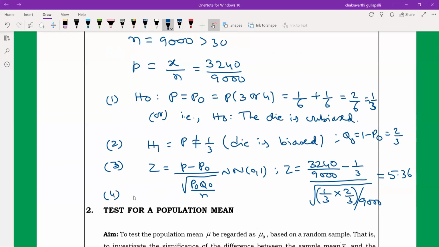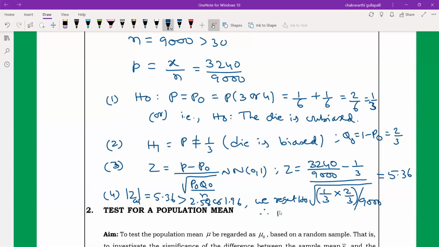So step number 4, modulus. No need to take the modulus because the Z calculated value is positive. So the Z calculated value 5.36 is greater than 2.58 or 1.96. So we reject H naught.